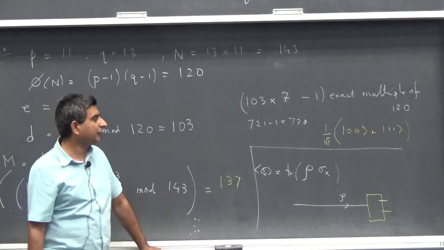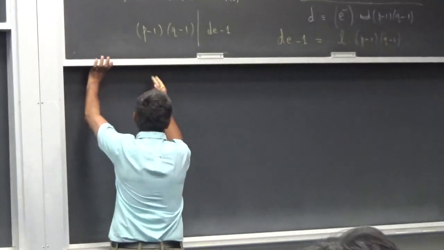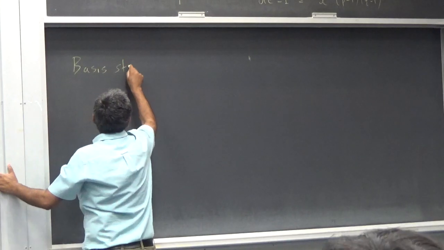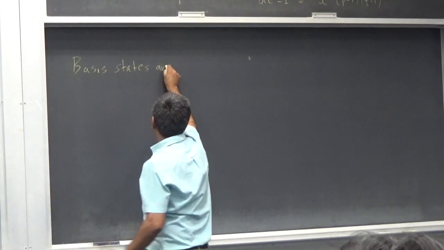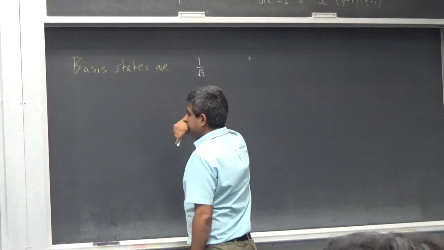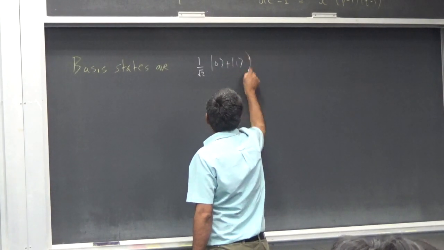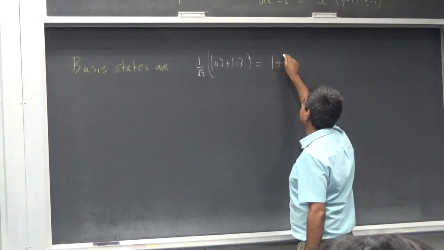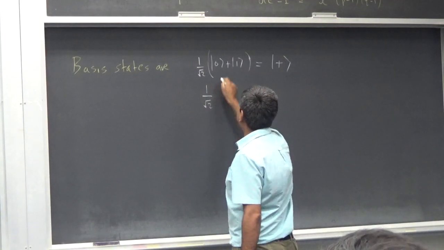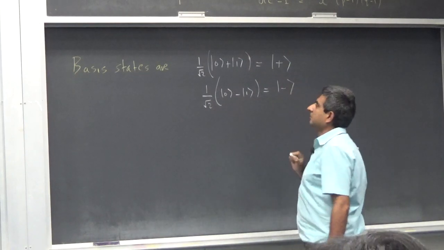Suppose I use a new basis in which my basis states are, using notation from quantum mechanics, one of them is, let's call this ket plus, and let's call the other basis state, which is orthogonal to this basis state, ket minus.